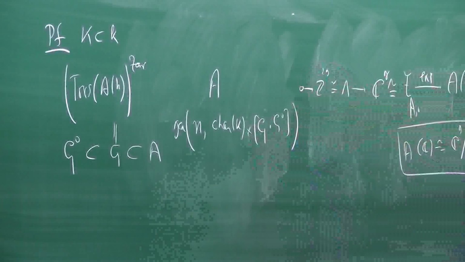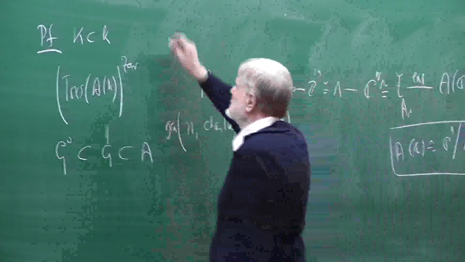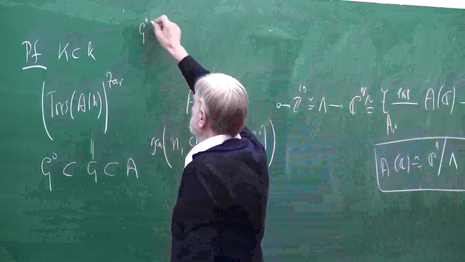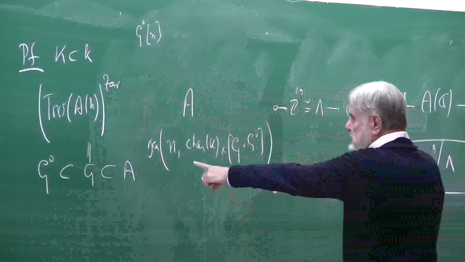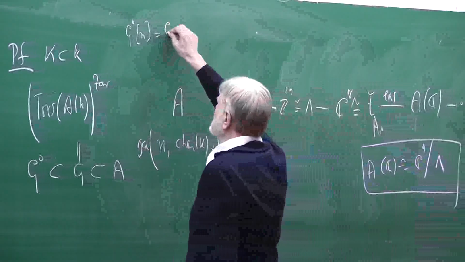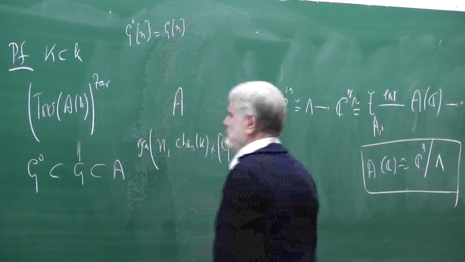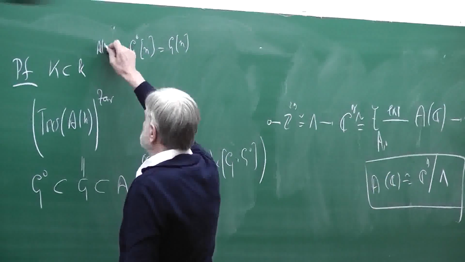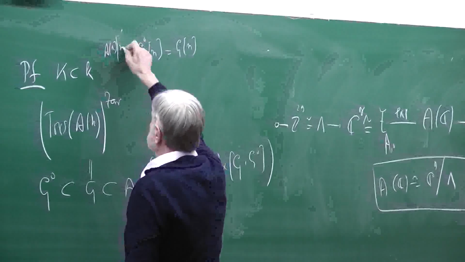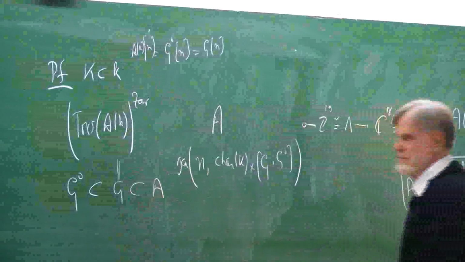Right? And then I look at the G0 torsion points by N. And because of this condition, this is the same as G[N]. And of course it is the same as A(K)[N], because that's my construction.